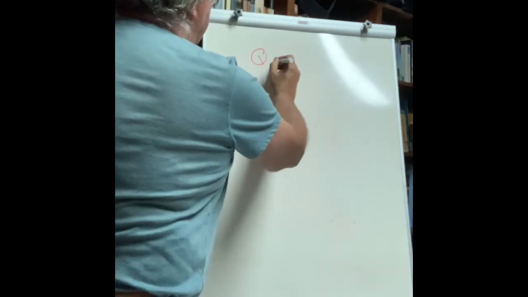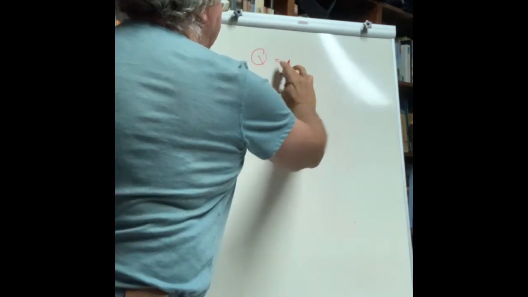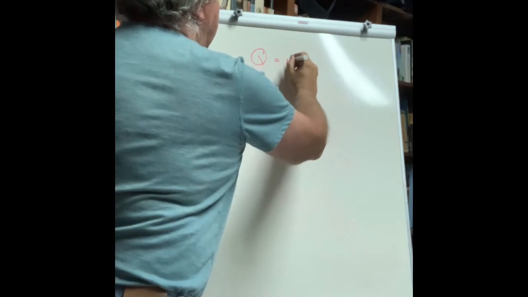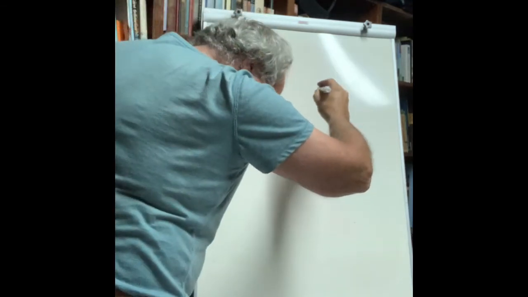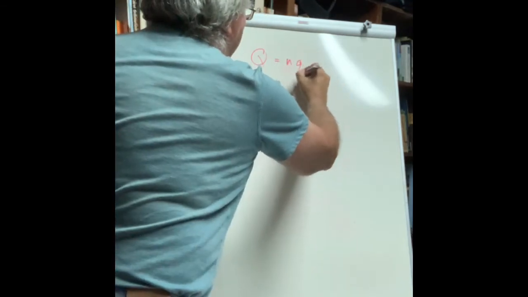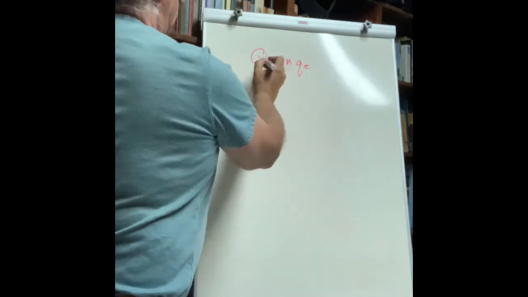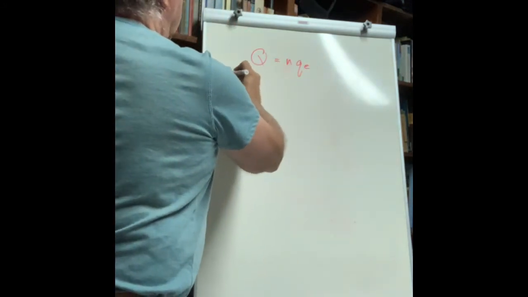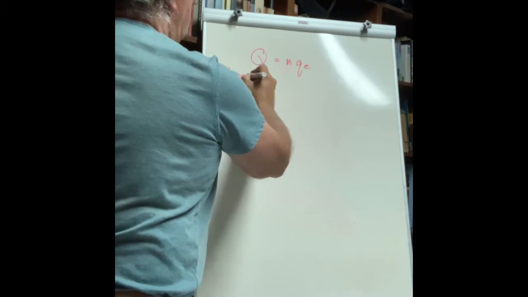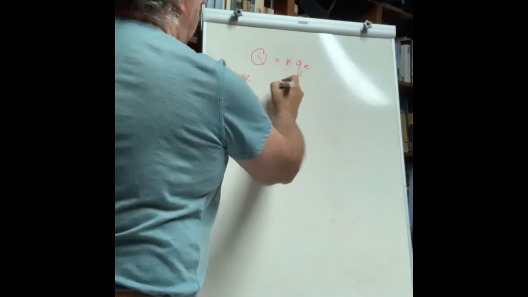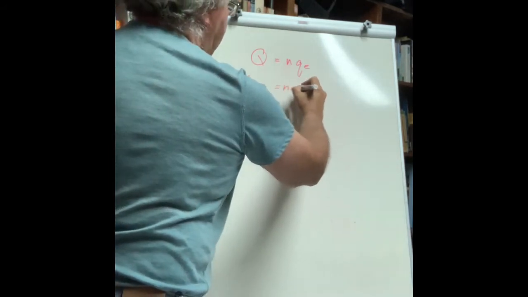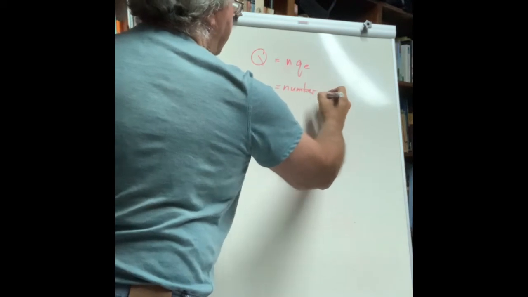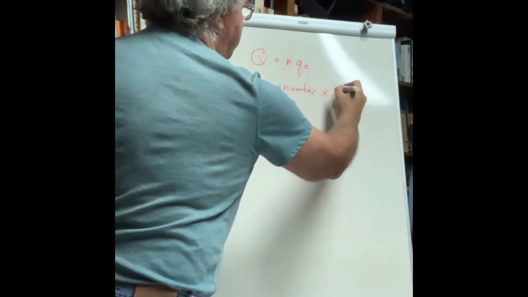The charge on an object is the number of electrons, n, times the Q, times the charge on an electron. So the total charge on an object in Coulomb equals the number of electrons times the charge per electron.